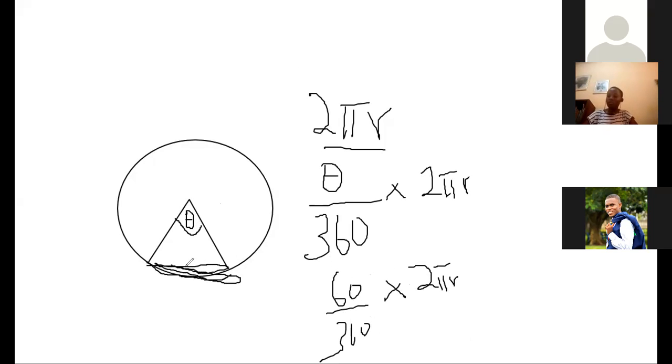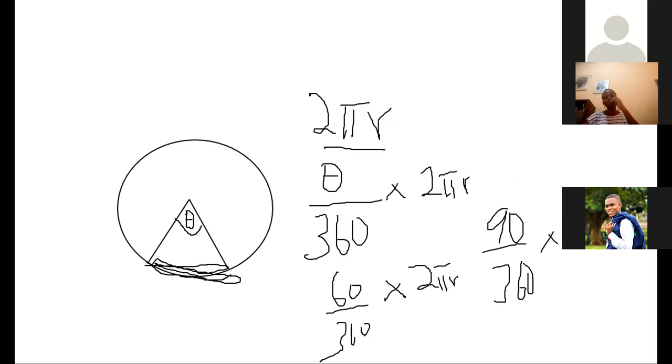Now, if the angle here is 90 degrees, you'll be getting 90 all over 360 times what? 2 pi r.